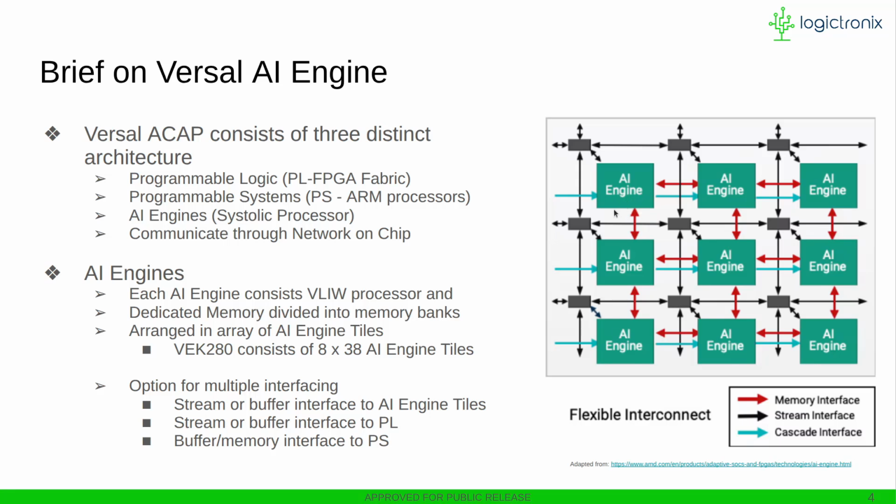All these AI engine tiles are able to communicate with each other through stream or buffer interface, and they can also communicate with the programmable logic and the programmable system through memory and stream interface.